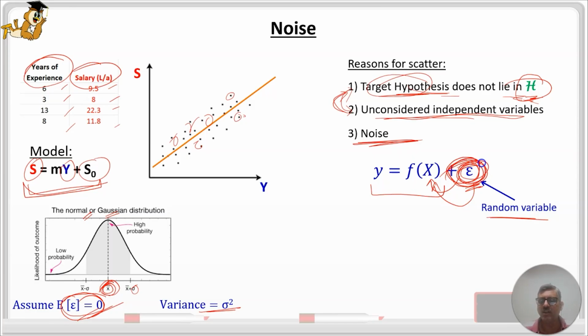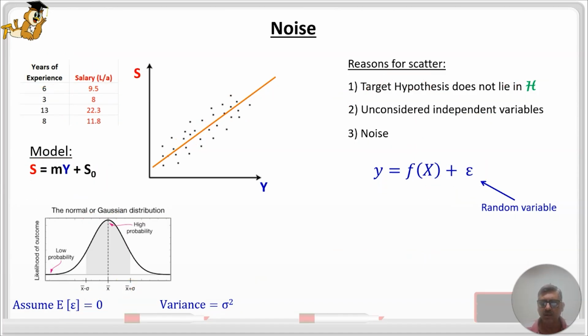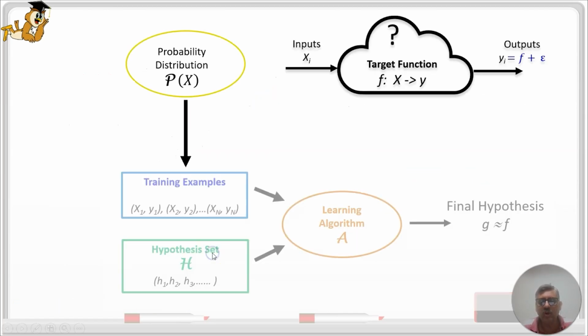And then the remaining epsilon would essentially have a zero mean. So without loss of generality, this is an assumption that we are going to make. That is essentially noise.